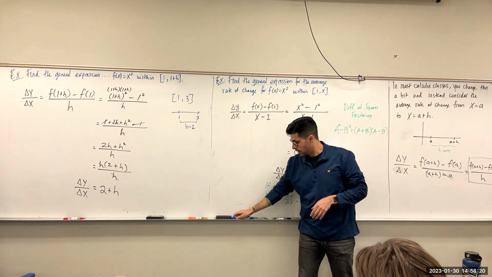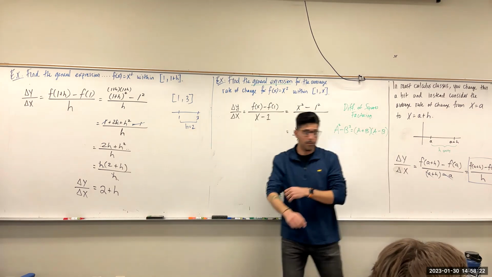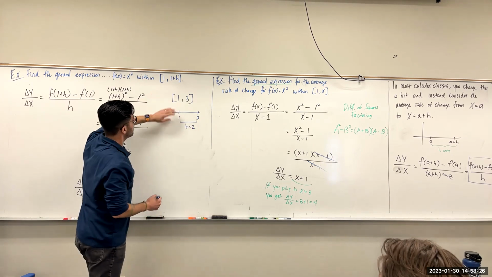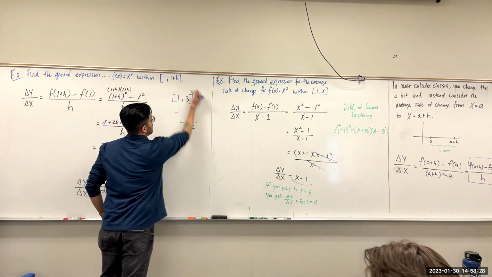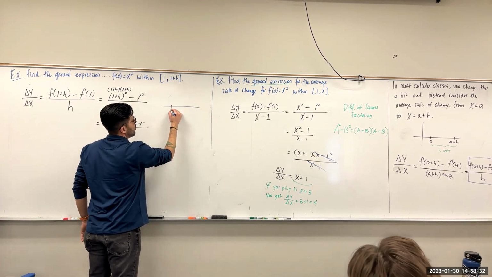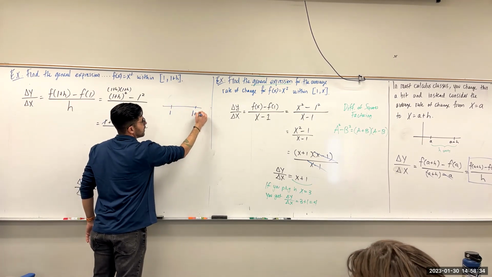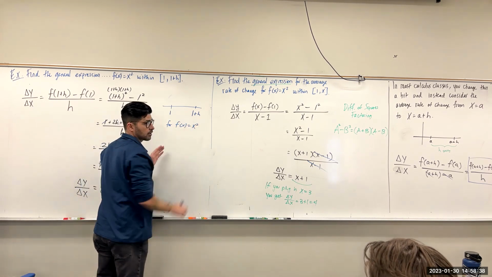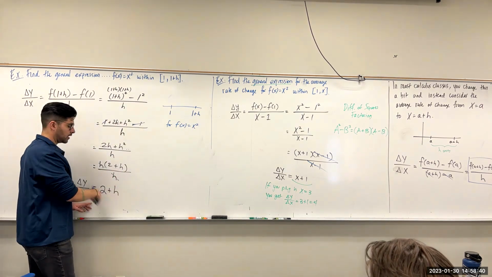Okay, I'm still confused. How do you use it? So this is giving you the average rate of change from 1 to 1 plus h for this function. It's giving you the average rate of change, like a general formula.